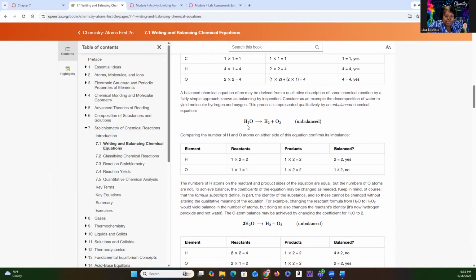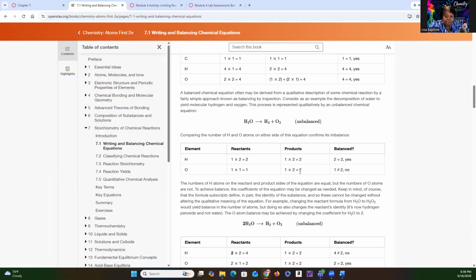And so if we look at hydrogen, coefficient of 1, subscript of 2, so there's 2. For oxygens, coefficient of 1, subscript of 1, so there's 1. Now on the product side, for hydrogen, coefficient of 1, subscript of 2, so there's 2. For oxygen, coefficient of 1, subscript of 2, so there's 2.